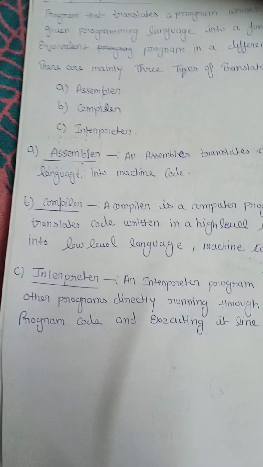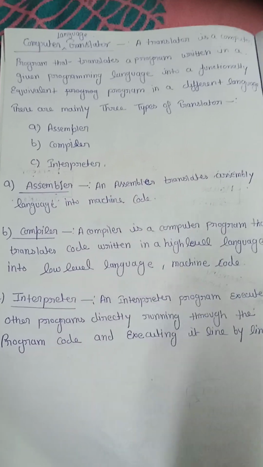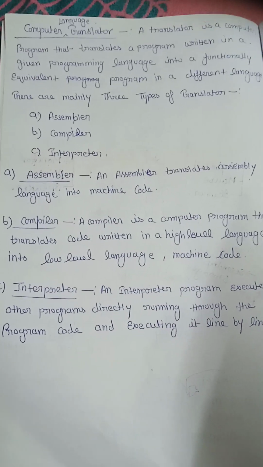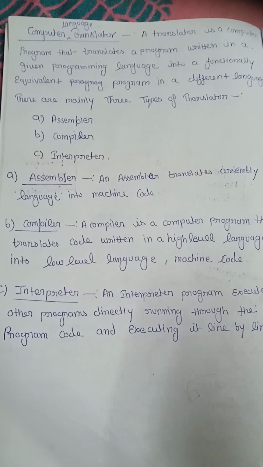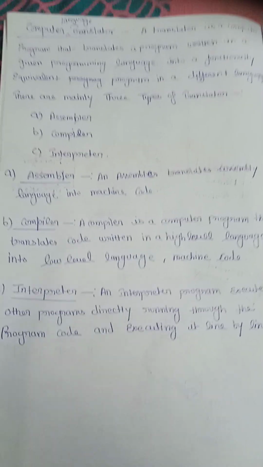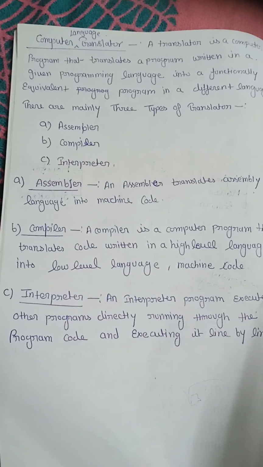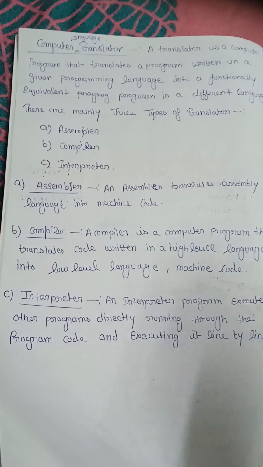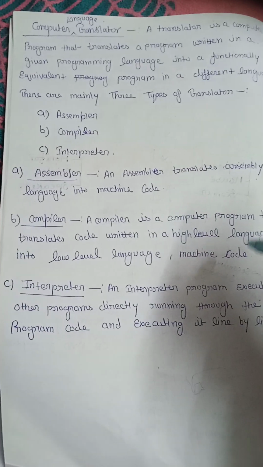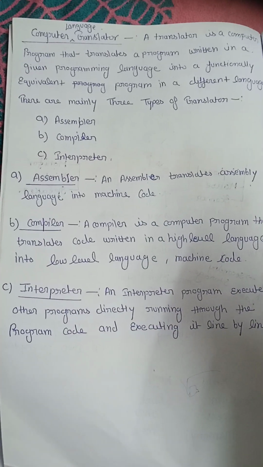We know that a programming language is a language. I told you Hindi, English, Tamil, Telugu are languages by which we communicate. So with the computer we have to communicate by programming language. For example, if I don't know Telugu or Tamil, and I know Hindi and English, I need a translator to translate from Telugu to Hindi or English.